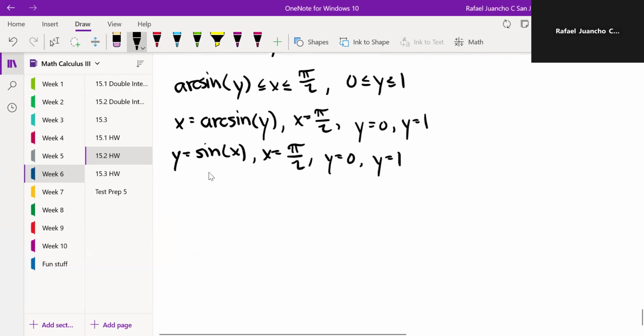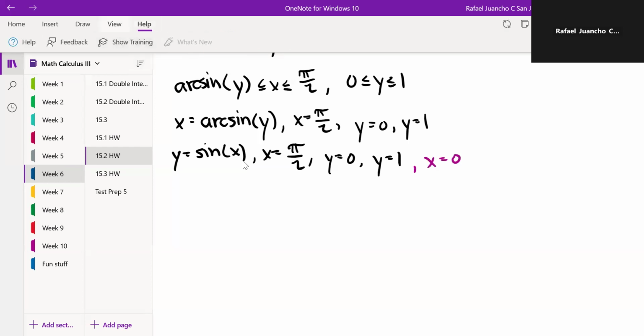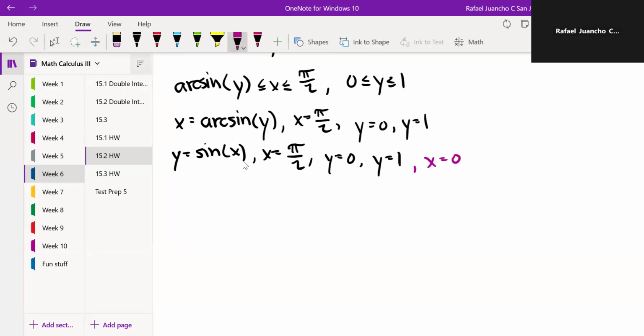I could do that. Now I need to find, okay, so from 0 to sine x, and I need to find when, I just basically plug everything in. When y is 0, what's sine x? 0, right? So that's the extra thing that we need here. And when y is 1, well, what's sine x?